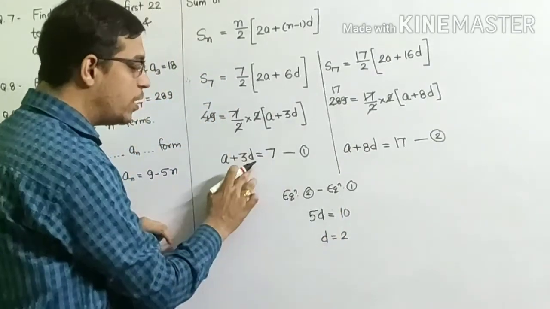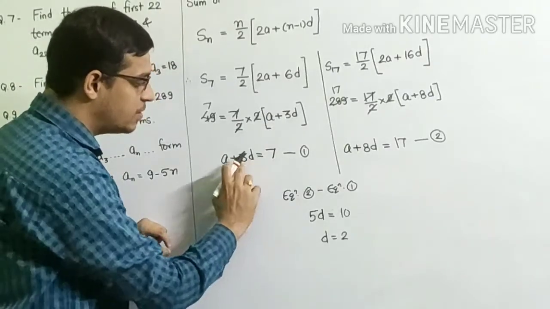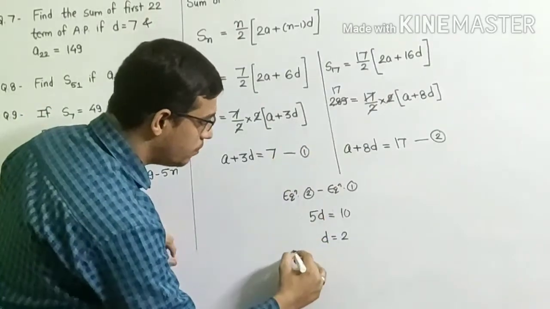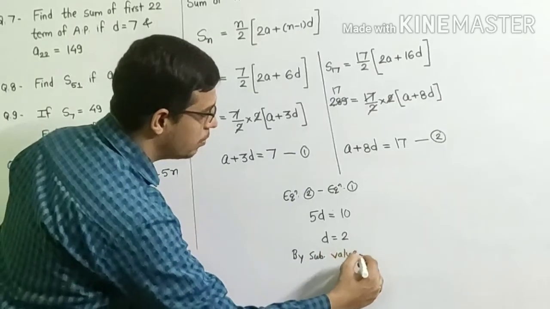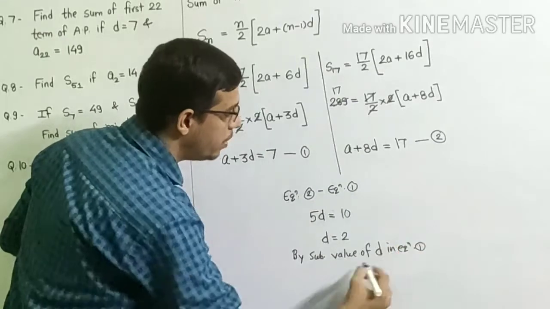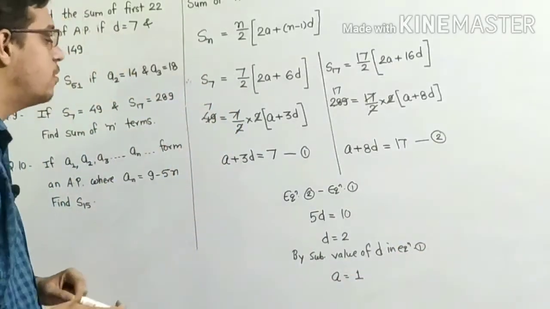When you substitute the value of d here, that is 3 2s are 6, 6 will be transposed, so 7 minus 6 is 1. So by substituting the value of d in equation 1, I am writing it directly, but you will have to solve it. Value of a is 1.